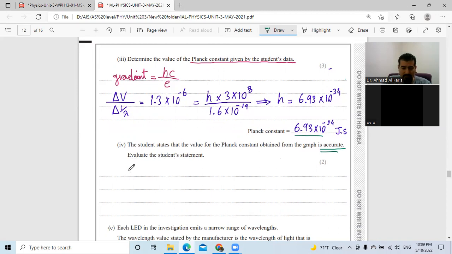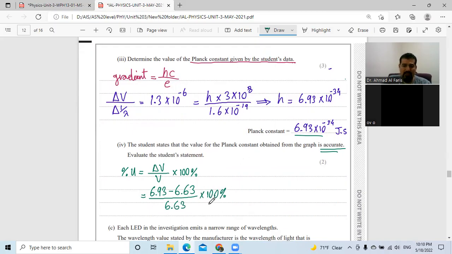We will say that the percentage uncertainty for your answer is equal to the difference of the values divided by the value multiplied by 100%. What do I mean? Look here. 6.93 minus 6.63, right? Divided by 6.63 multiplied by 100%.